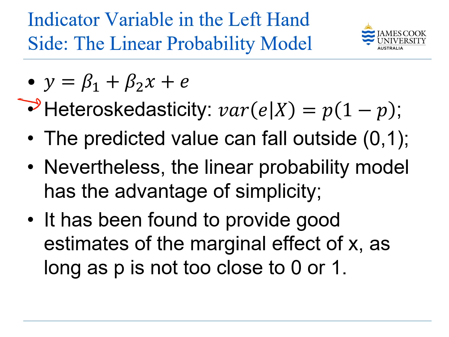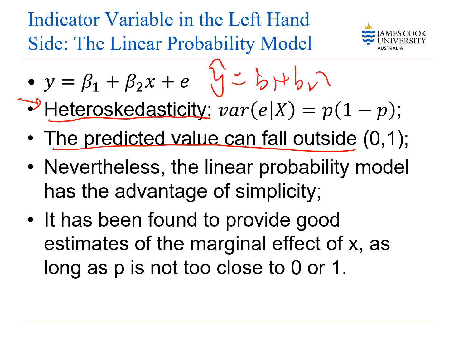First, we are going to have heteroscedasticity here, which we will deal with next week. Also, the predicted value, y hat equal to b1 plus b2 x, may be bigger than 1 or less than 0. This is an undesirable property. Remember, probability must be between 0 and 1.